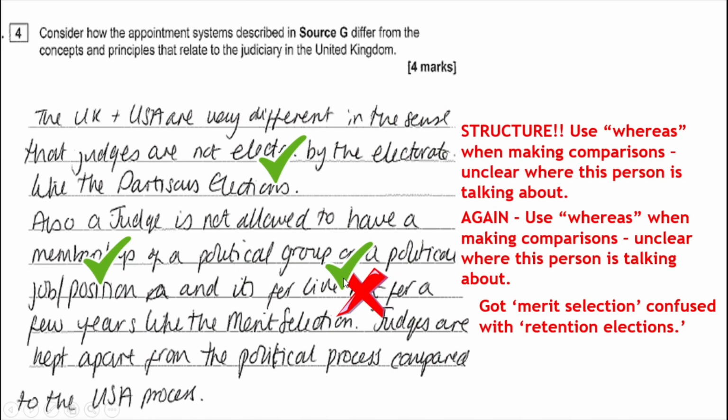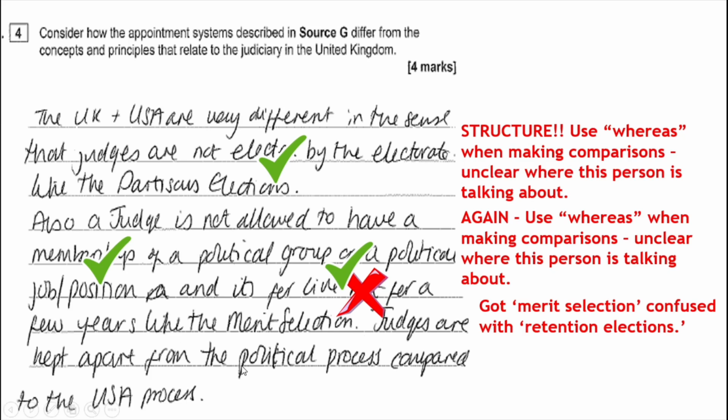However, the examiner might also give another mark. This person has referred to the fact that judges do have their position and are judges for life. Another examiner may not give this mark because, like I've mentioned earlier, it's unclear whether this person's talking about the USA or the UK.